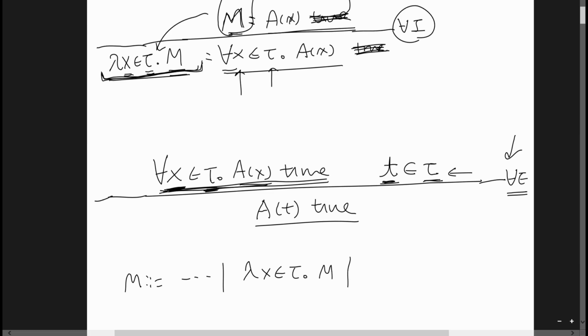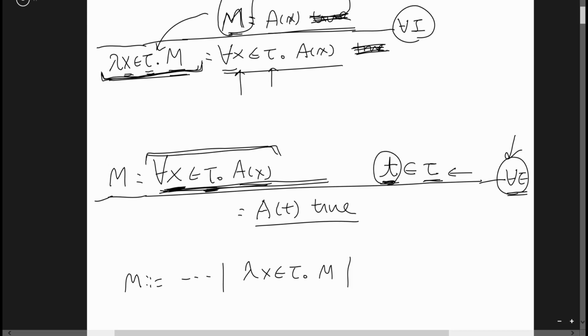What about this universal elimination rule? Suppose that we have proof term m of this type. And here we already have term t.